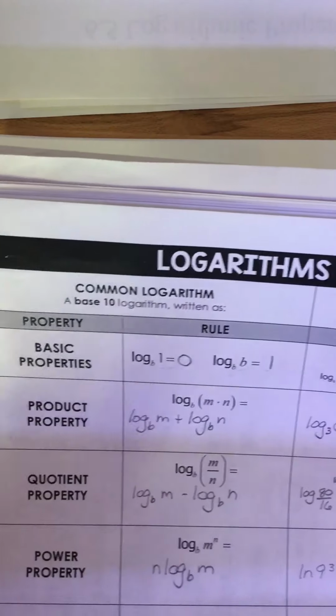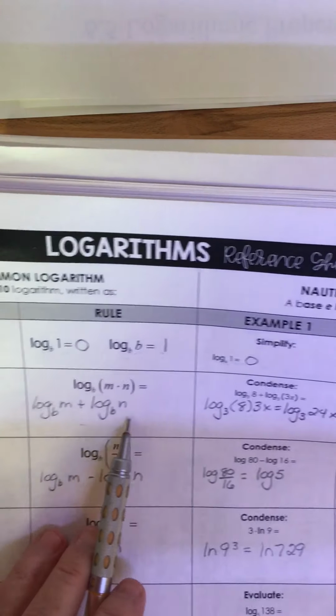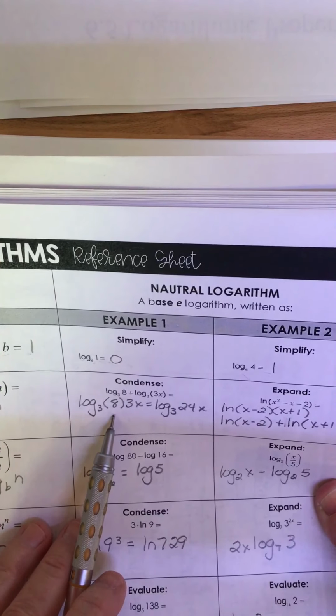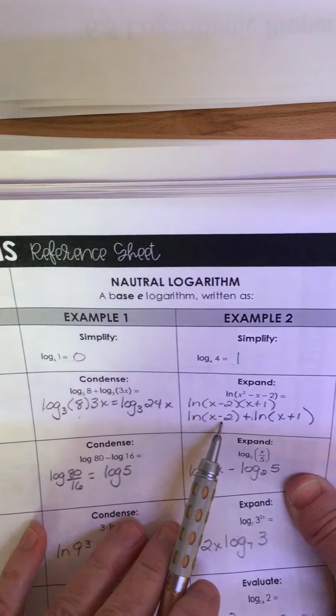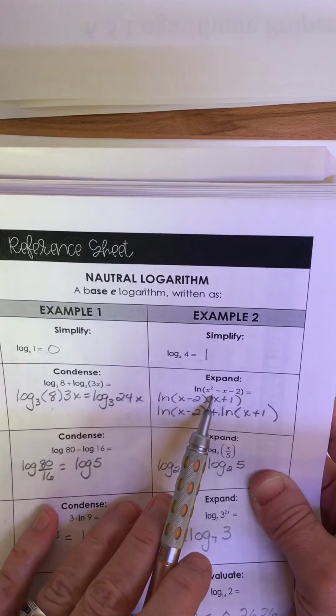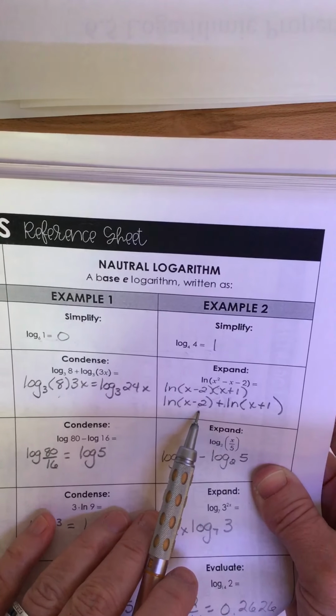Okay, and then of course the product property, this is the stuff that we worked on. All right, we showed the condensed form right here, what it looks like. And then this is what expanded form looks like. So I did factoring right here using the magic numbers to be able to write this out into logarithms.